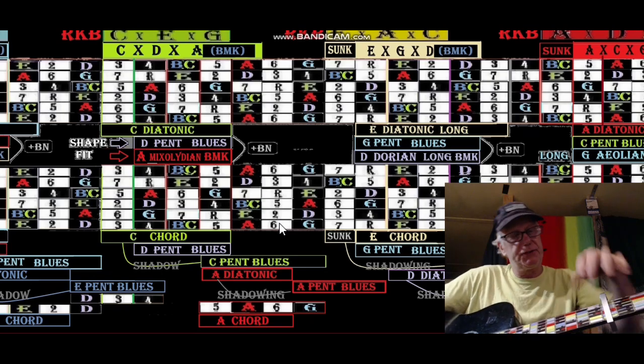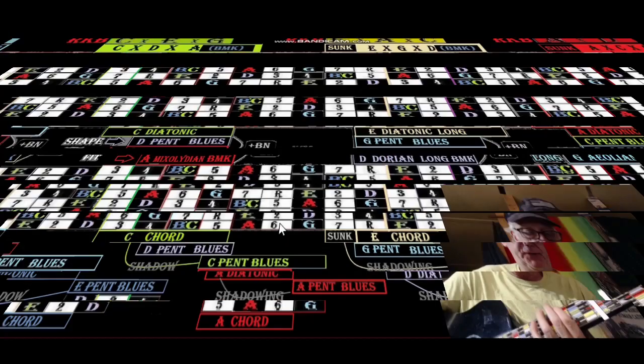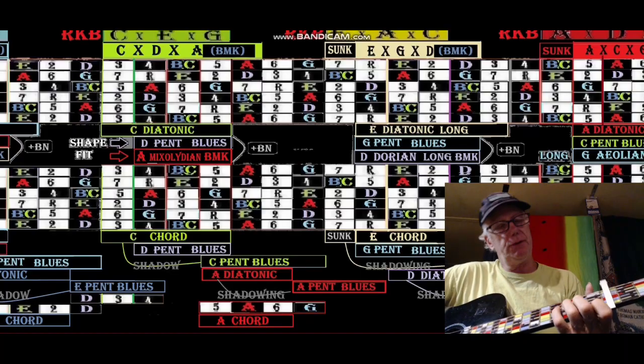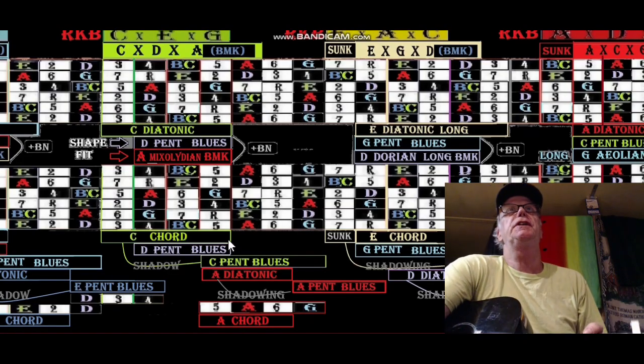So why not just skip from the C here up a minor third? So what we're going to do is skip right to the C pent blues here and call that its shadow.